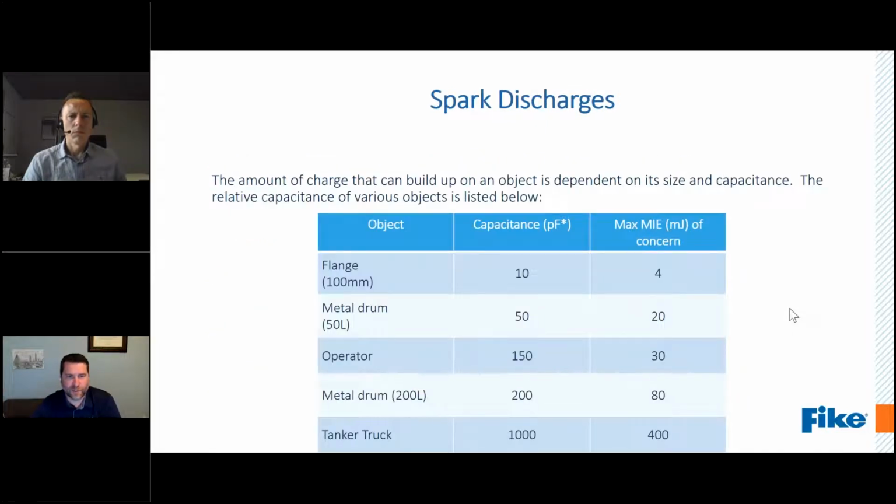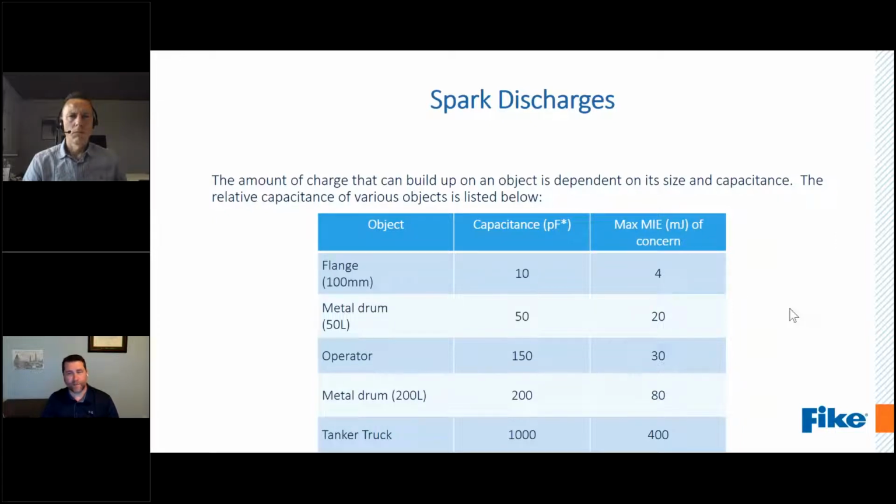So the amount of charge that can build up on an object is going to be dependent on the size and capacitance. We've got a table here just to put things in perspective. A flange, something very small, has a very low capacitance. So the maximum MIE of concern from a spark discharge of a flange is going to be 4 millijoules. For most combustible dust, your MIE is well above that.